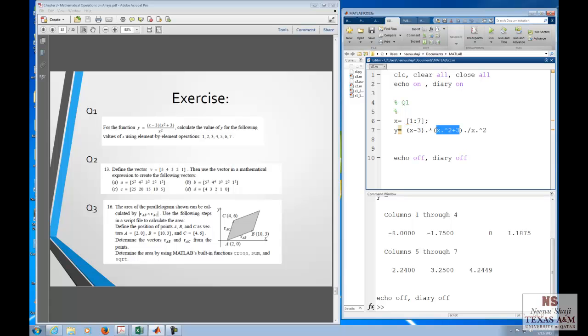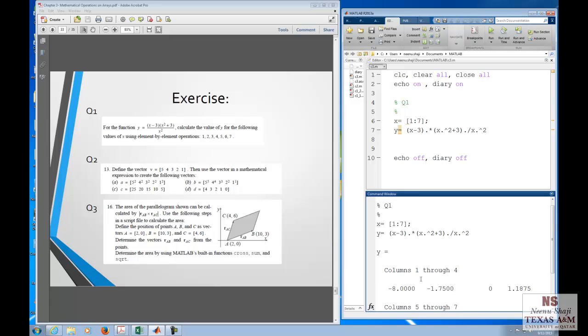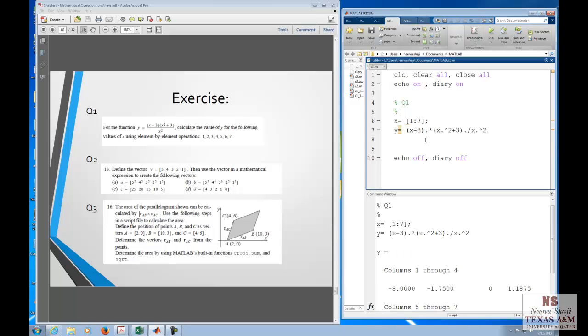This will be executed. Then other functions, which is the exponentiation, and later division, multiplication as per the order. It goes from left to right. So here multiplication and last the division. If we run this, we get the 7 different values for y.